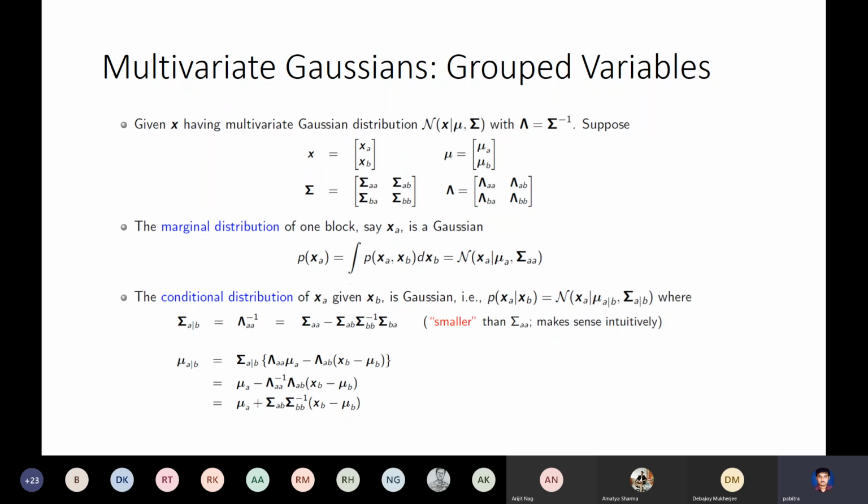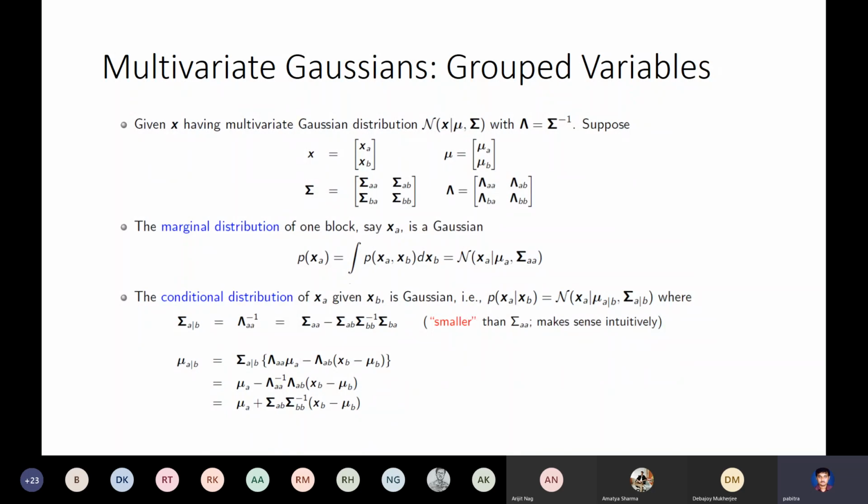Okay, there are some more interesting things to note about Gaussian distributions. So far, we have not made any distinction between the variables, right? Even if we have vector variables, say temperature and humidity of a day, so there are two variables, and I say that they are kind of independent or something.